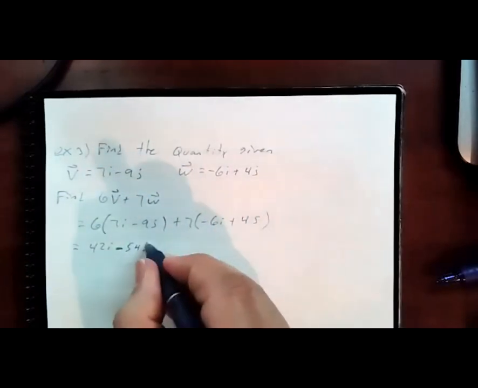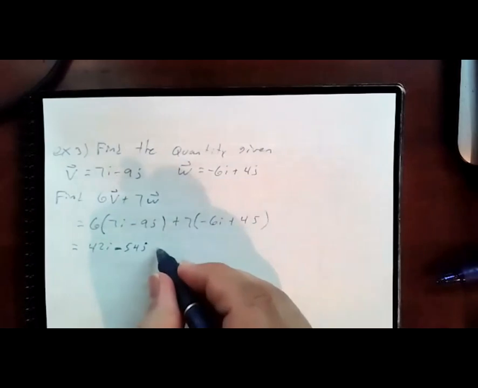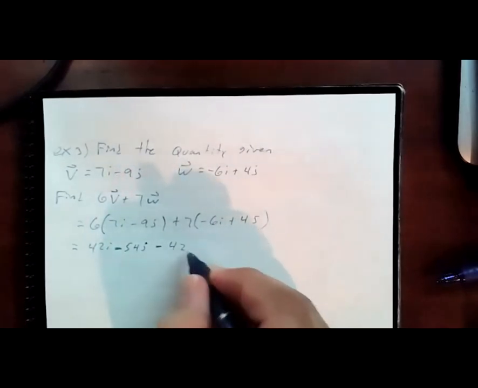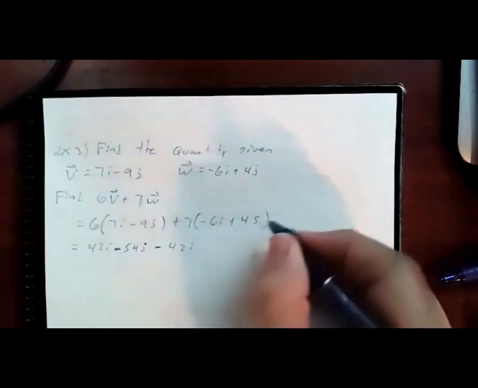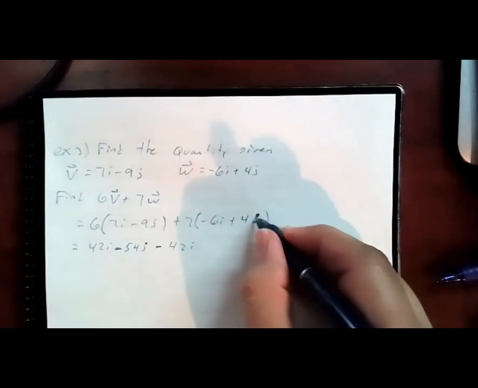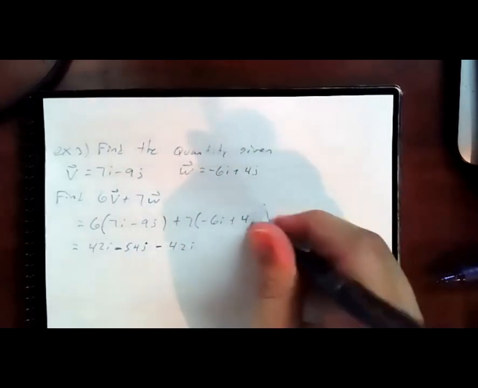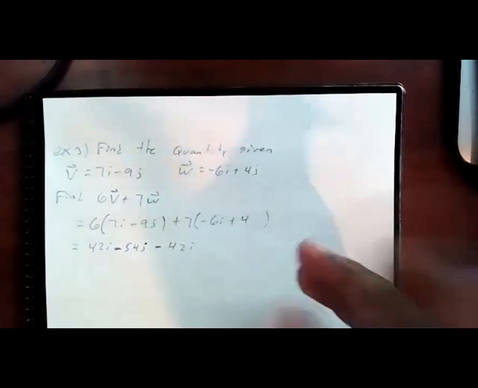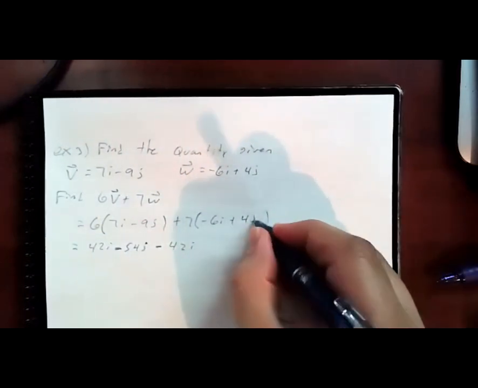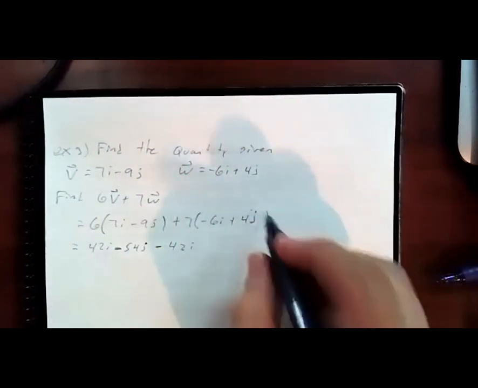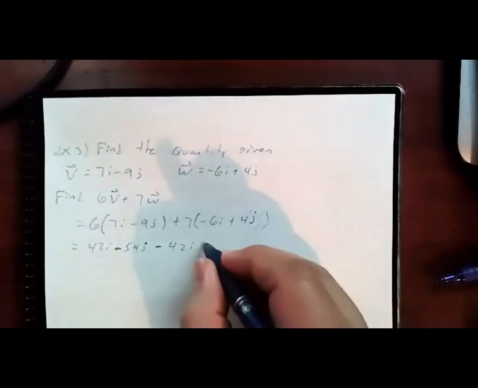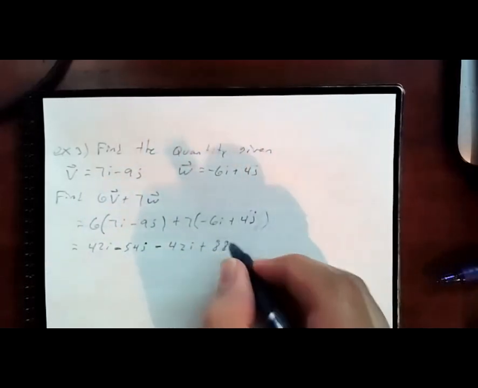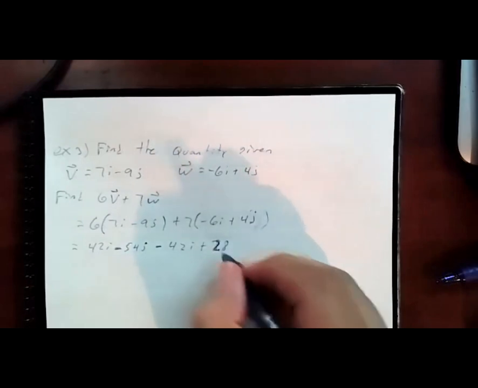Okay. 7 times 6, but it's negative. 7 times 4 would be positive 28. 28j, sorry.